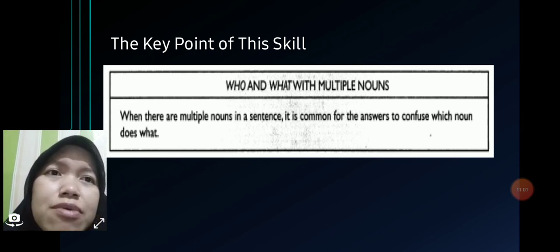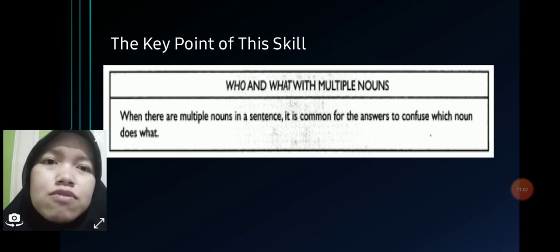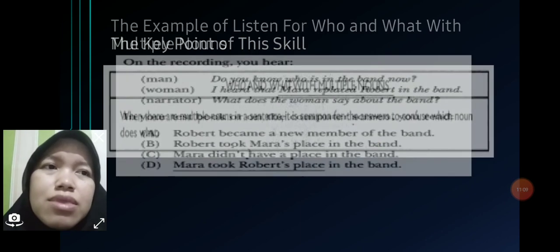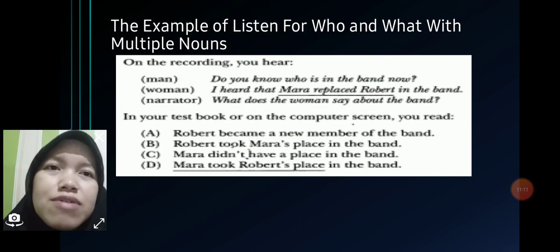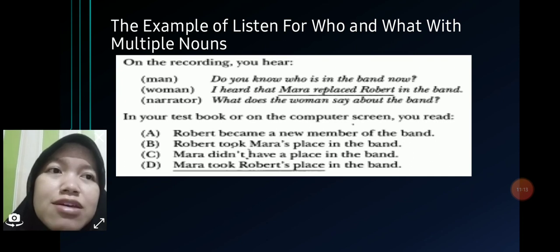This is the key point of this skill, who and what with multiple nouns. Okay, thank you so much. This is an example of listening for who and what with multiple nouns.